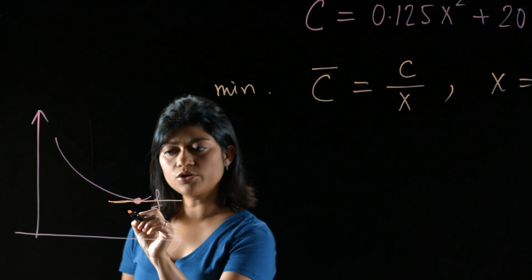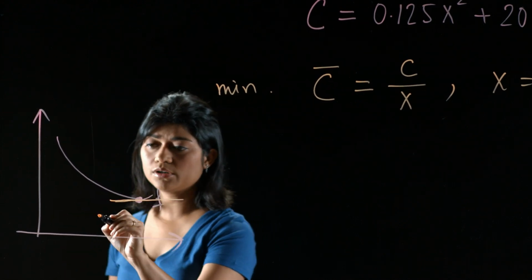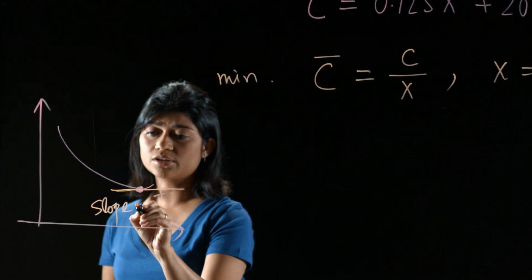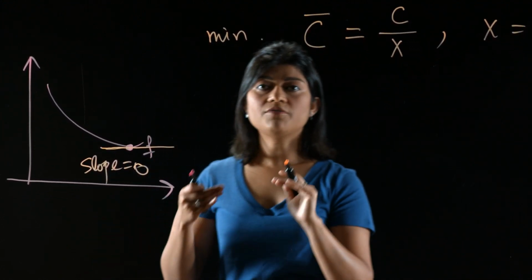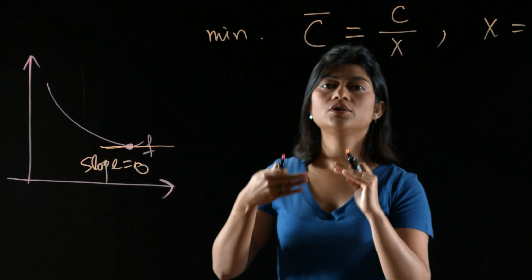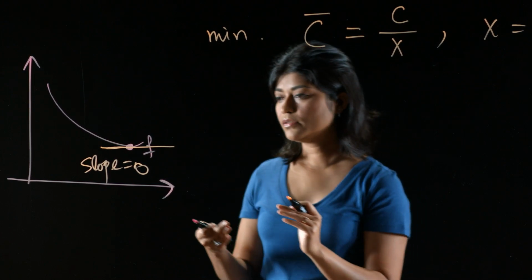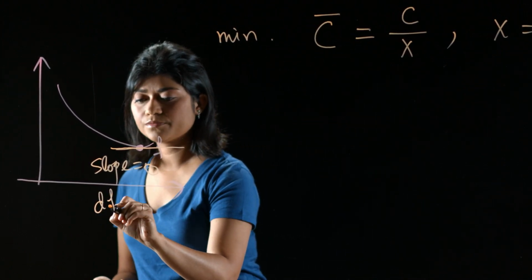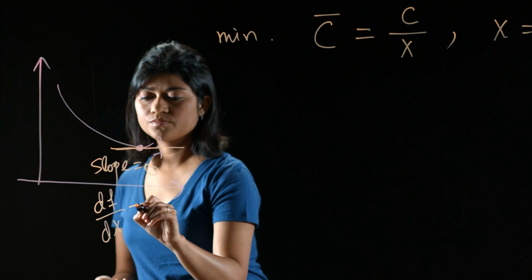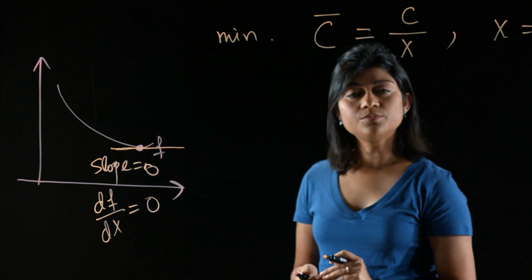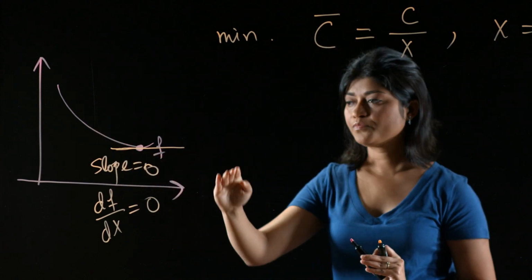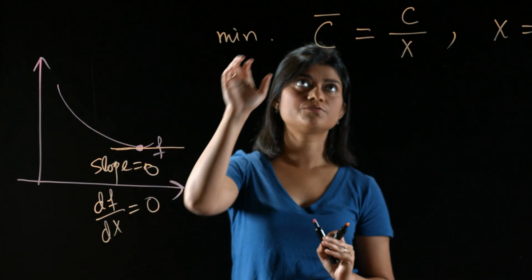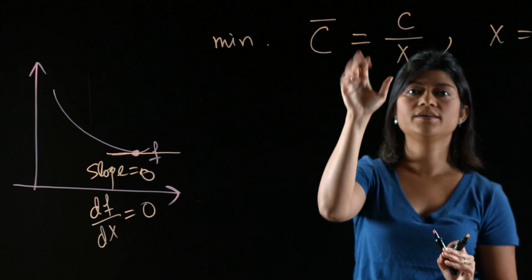Because the tangent line is horizontal, its slope will be 0. Now, what does the slope of the tangent line of a function represent? It's nothing but the derivative of that function. So the derivative will be 0 when the function reaches a minimum point. That's the concept that we will use to figure out when C bar is minimum.